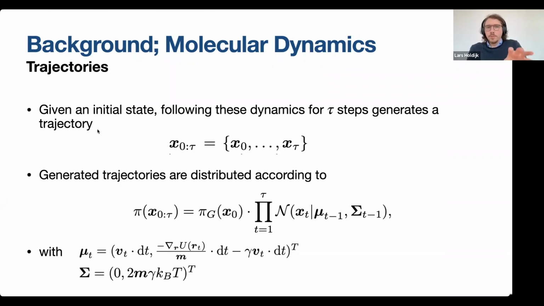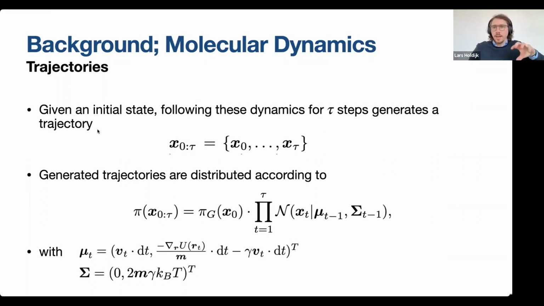So this gives us a distribution over trajectories starting at any random initialized configuration. However, what we're interested in in our case is transition paths that go from a specific given initial state to a different target state, or a distribution of initial and target states.